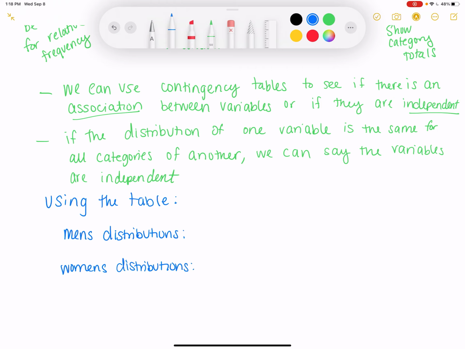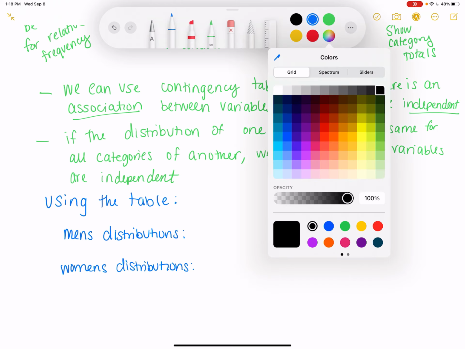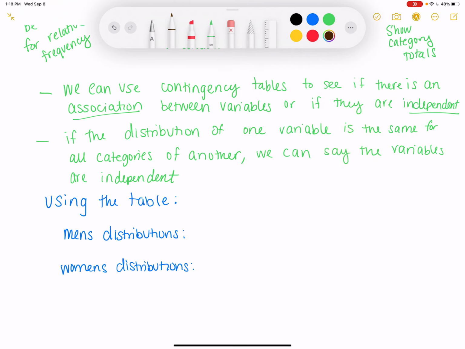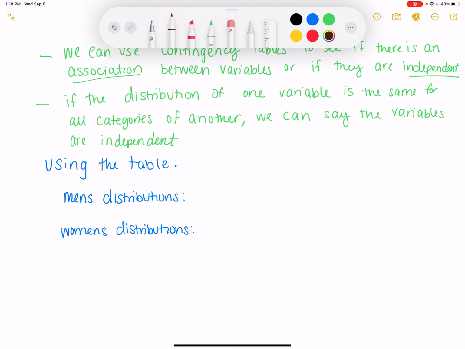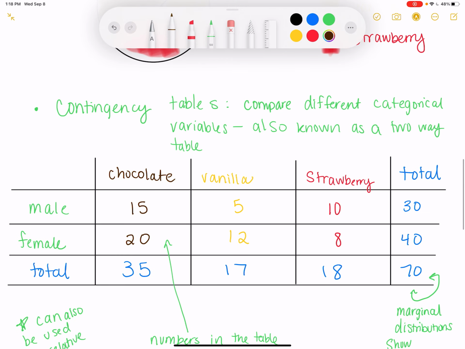For the men, chocolate was 15 out of 30, since we're dealing with men.